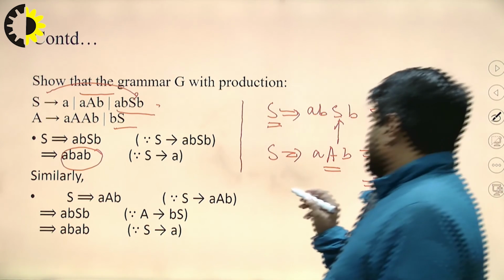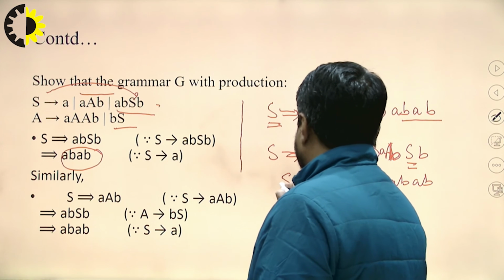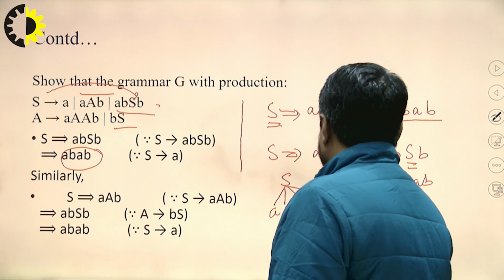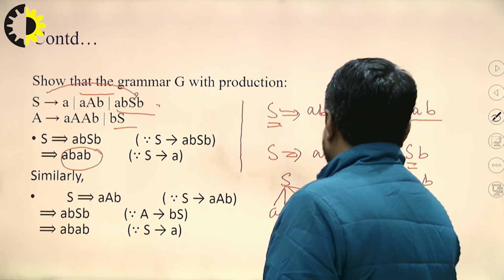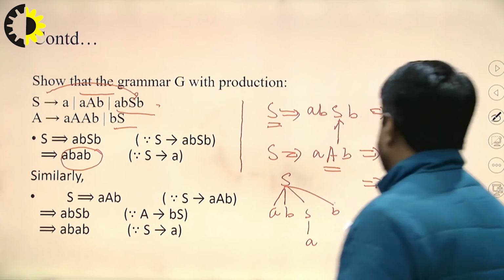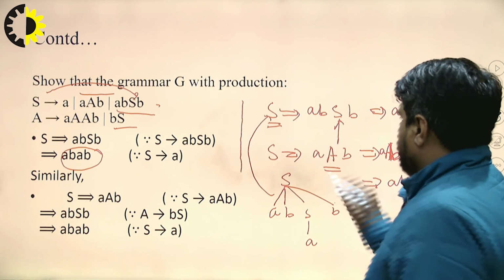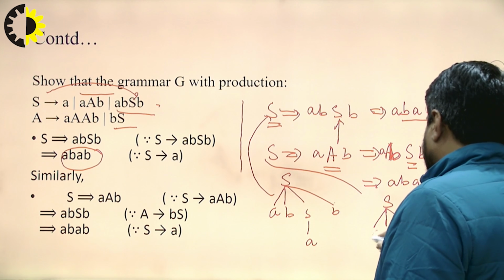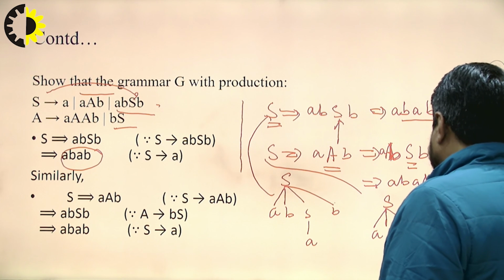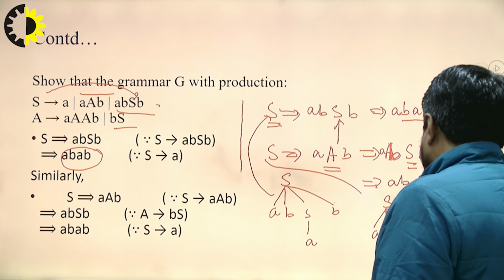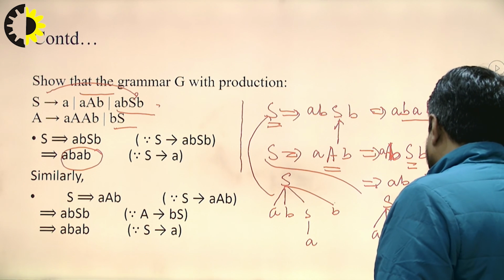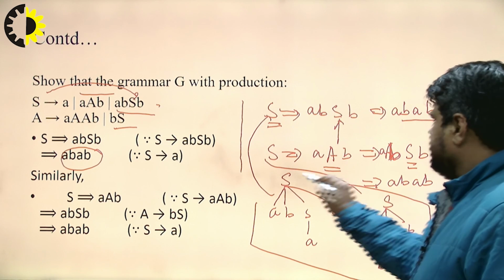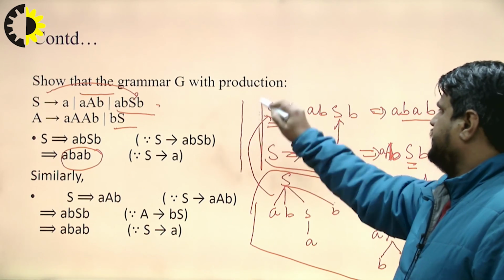If you think of the derivation tree, S derives A, B, S, B. After that, this S gets replaced by A. This is the first derivation tree for this one. And for this one, S derives A, B. This A is replaced by BS and this S is replaced by A. So more than one parse tree is possible, or you can simply say there is more than one leftmost derivation here.